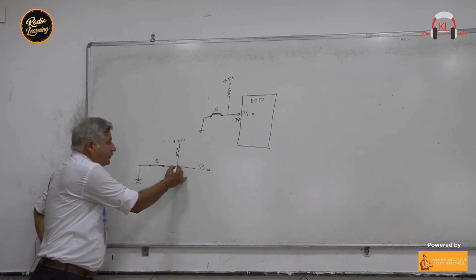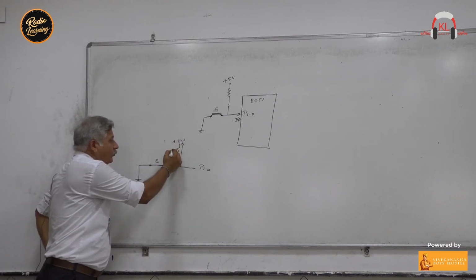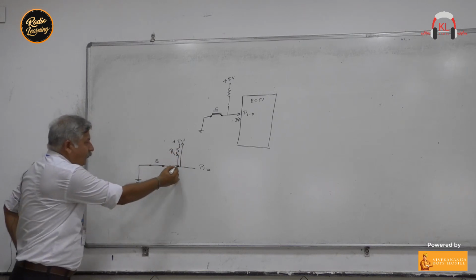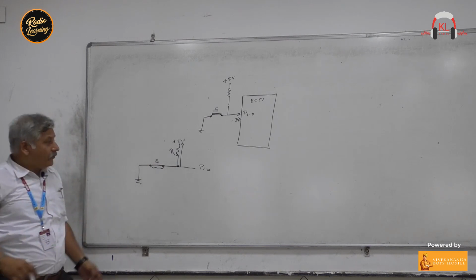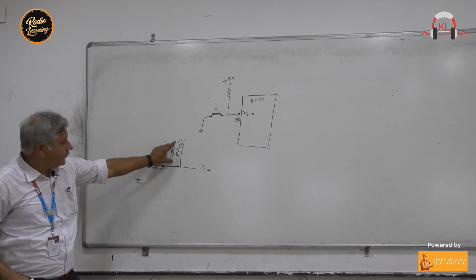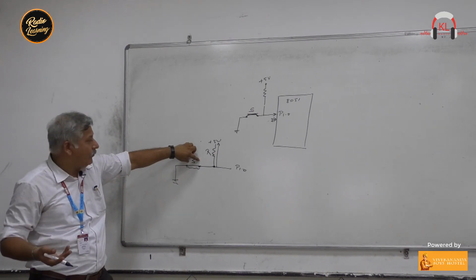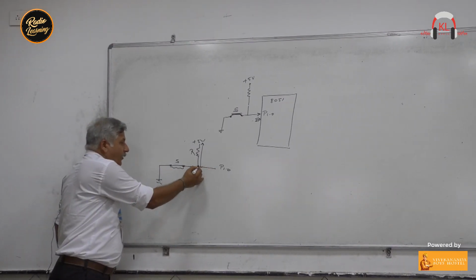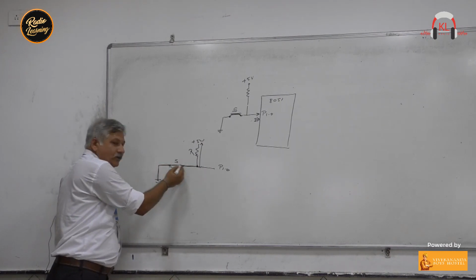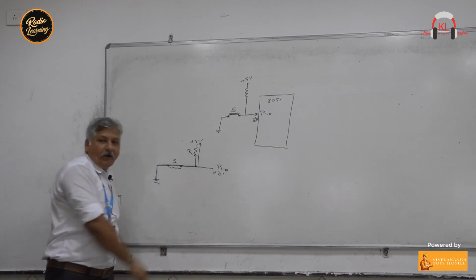Now this point is connected to VCC through one resistance, and this point is connected to ground through this short circuit path. This short circuit path will have very low resistance, around 10 ohm, while here the resistance is high. So this pin will be connected to the ground through the short circuit path, and you will read a value 0, ground.